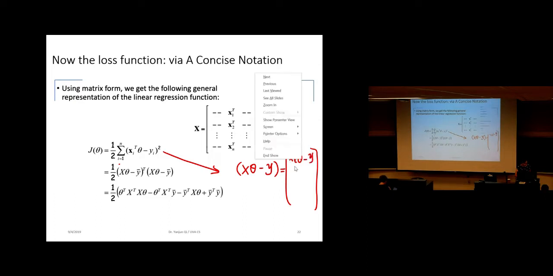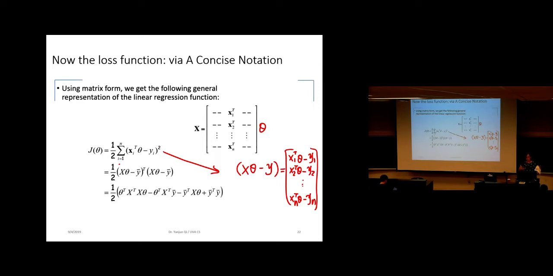So this is x1 transpose theta minus y1, x2 transpose theta minus y2, up to xn transpose theta minus yn, and this is the vector.